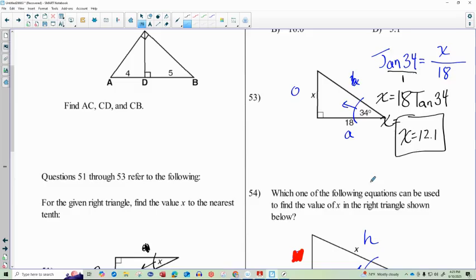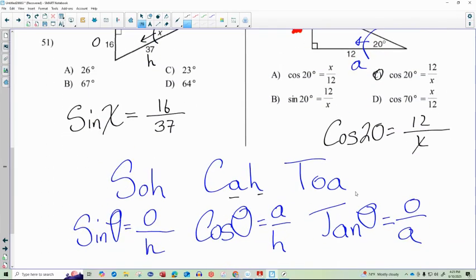All right. How do we do an x on the bottom? Remember, x on the bottom is going to be the volleyball trick. I throw the 12 to the other side, and it lands on top of cosine 20. So that's a division problem.